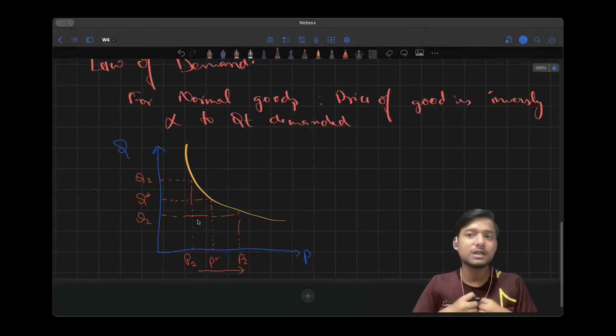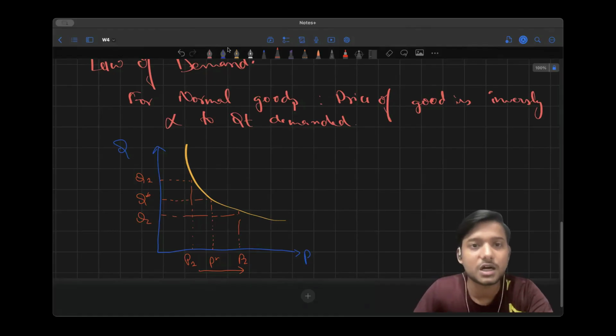Because price is something we can control, right? If we have access to a monopolistic market, we know every person is going to come to us only, then we can control the price. And then we know how demand will change with respect to these things. So this part which you are seeing is called latent demand.